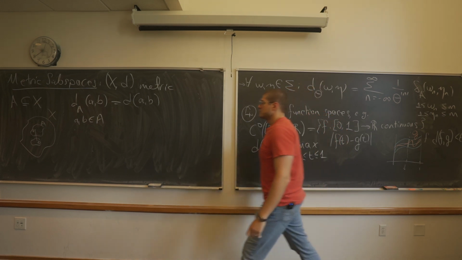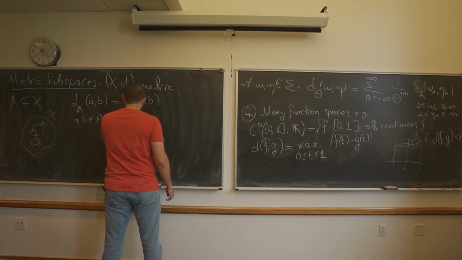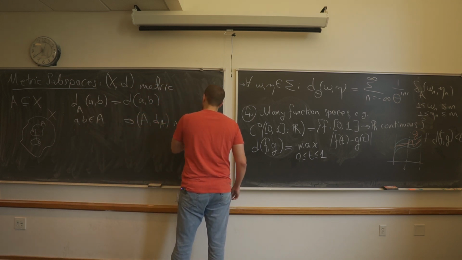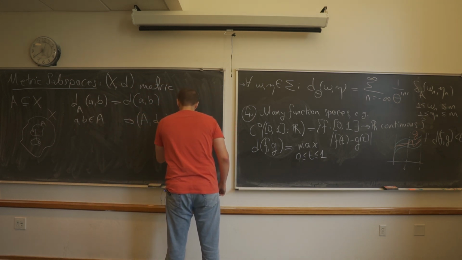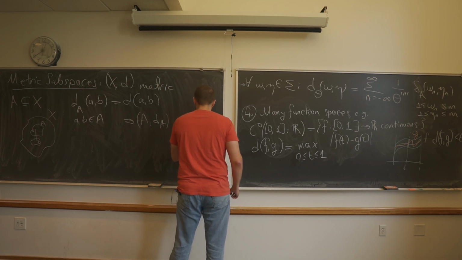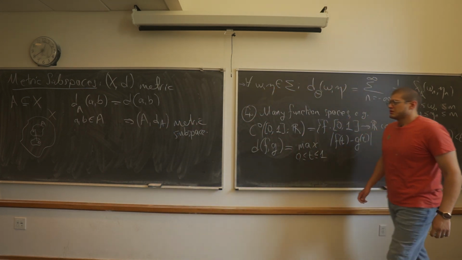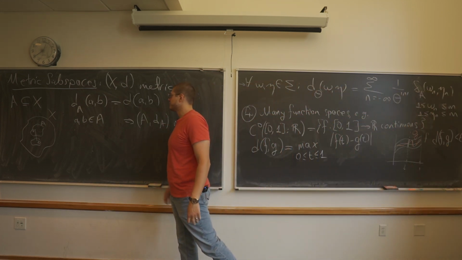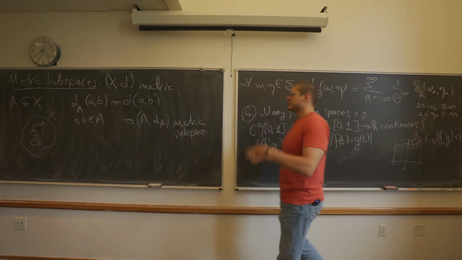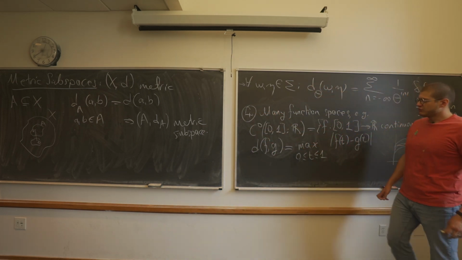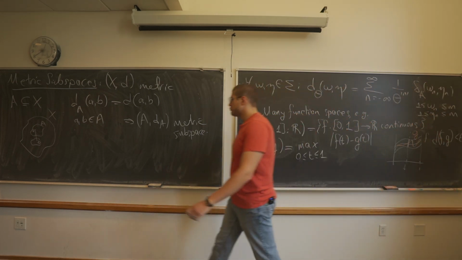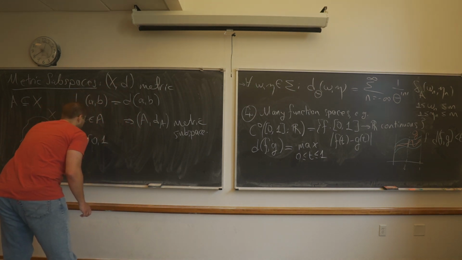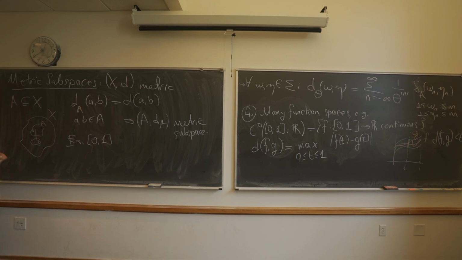In which case, I would call this pair (A, d sub A), which in and of itself is a metric space, after all, a metric subspace of the bigger space (X, d). And so, for instance, in this case, the interval 0 to 1 is a metric subspace of the real line, right?